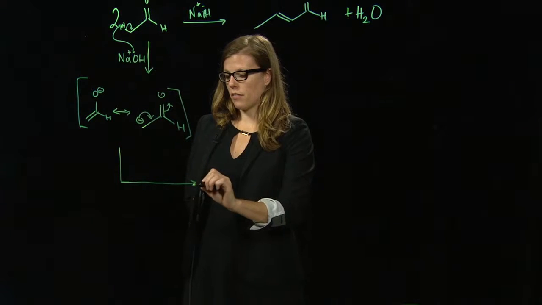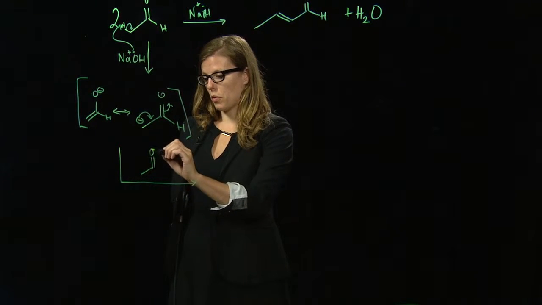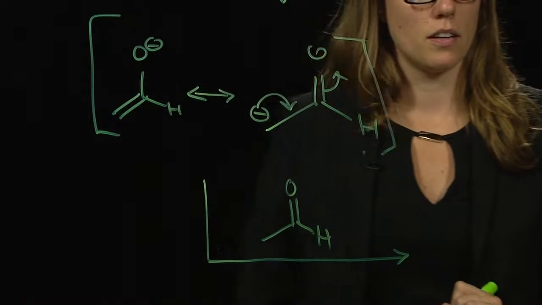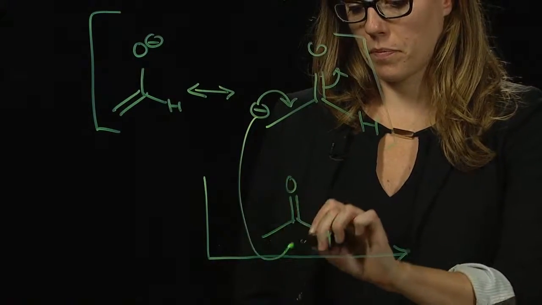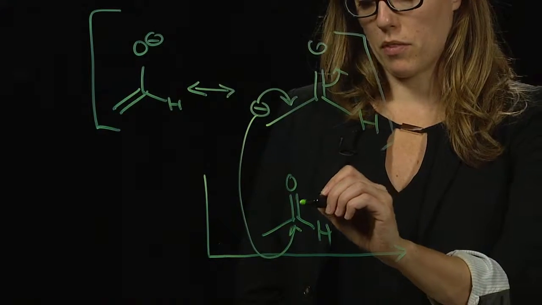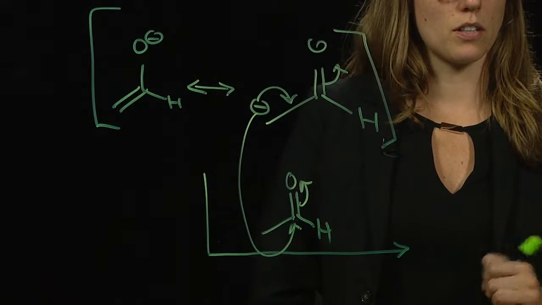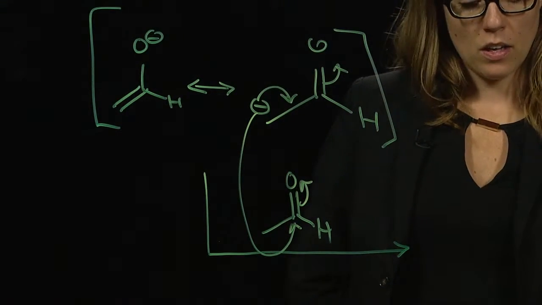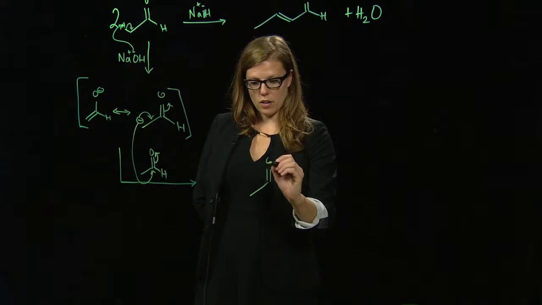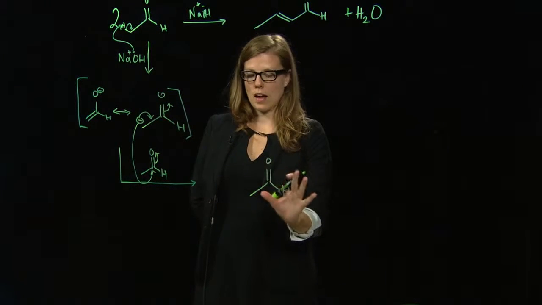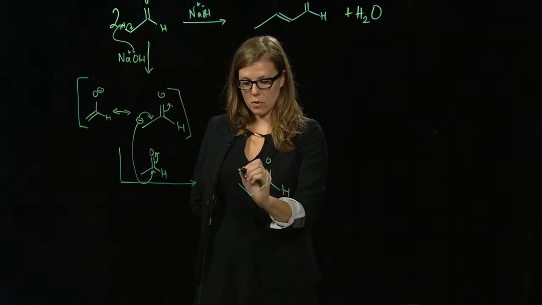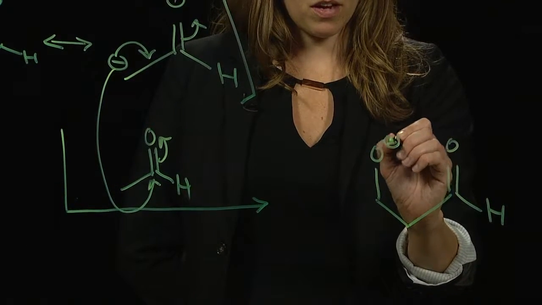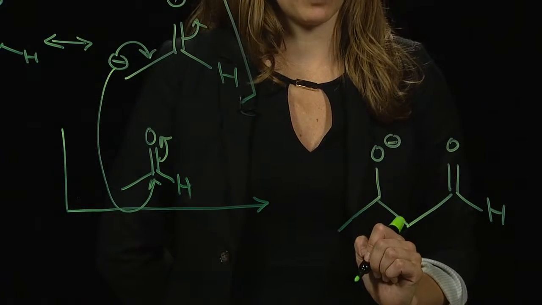We can then have another equivalent of aldehyde come in, and we can take the negative charge when it's on the carbon and attack the carbon of the carbonyl, kicking the electrons up onto the oxygen. And so we have our initial aldehyde unit here, and it's now attached to the carbon of the carbonyl, and we have the oxygen atom negatively charged.